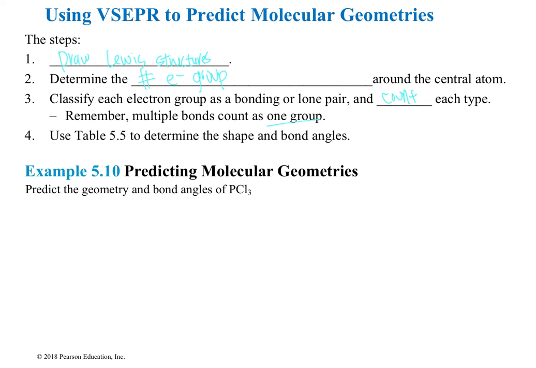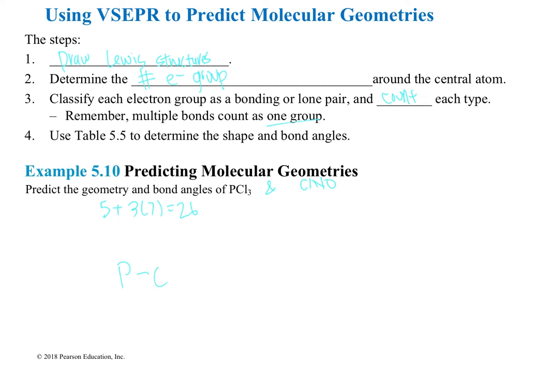So let's do phosphorus trichloride and chloronitrite. Okay, so PCl3, we have 5 plus 3 times 7, so 26 electrons.